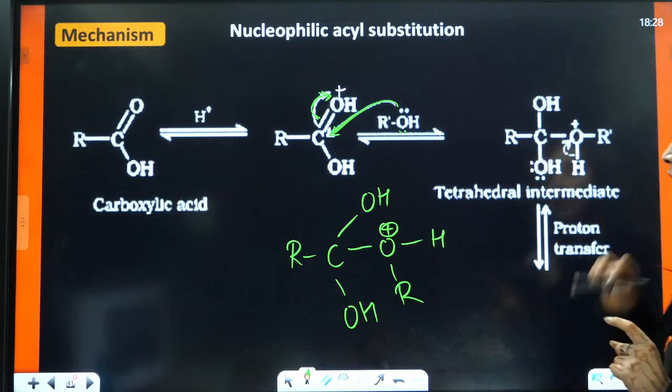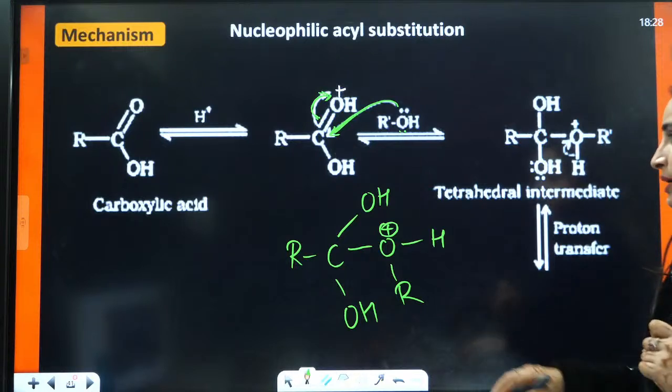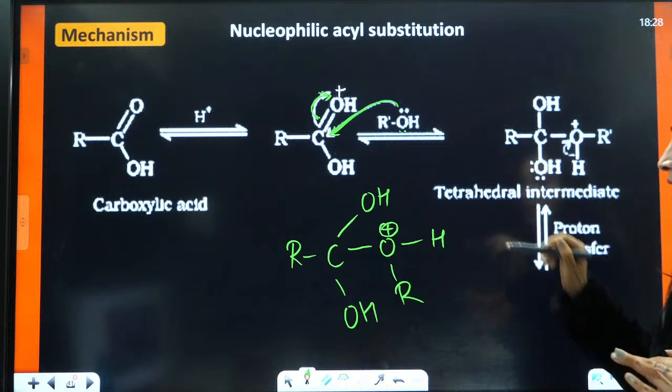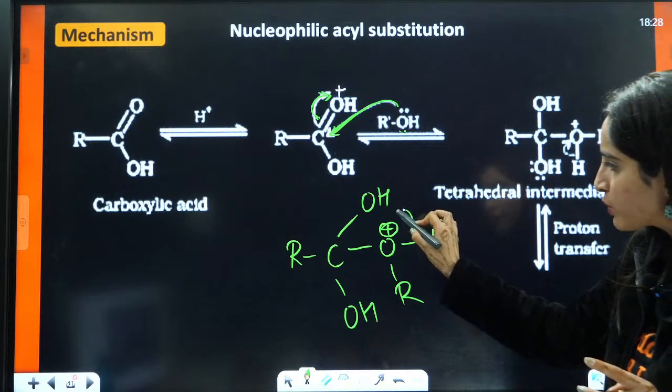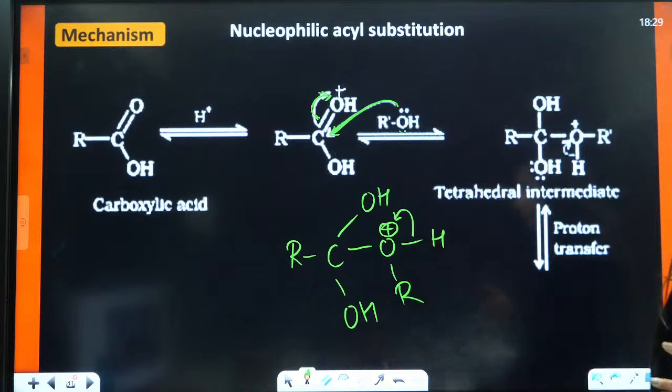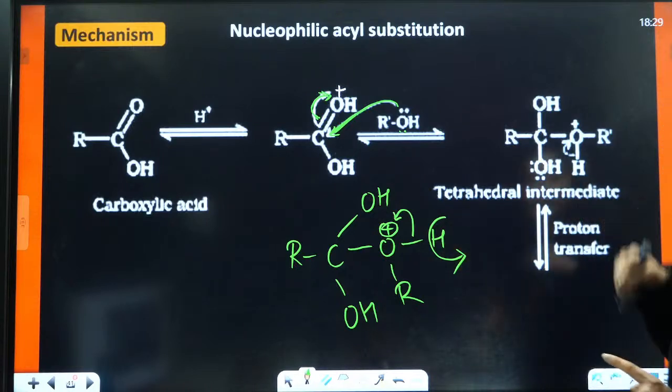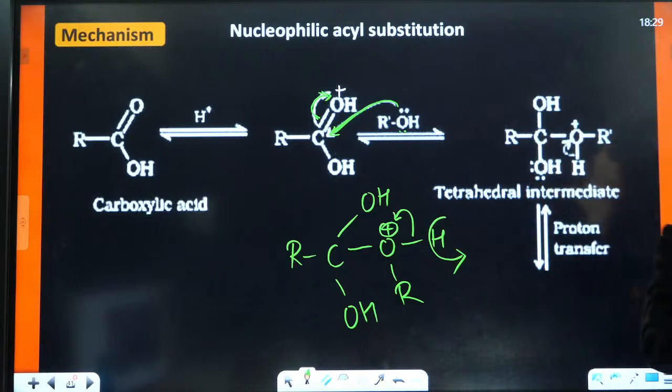Okay. Now let us see again what is going to happen. Oxygen is not able to handle the positive charge here, right? So it will try to take the electrons from this hydrogen, and the hydrogen will be eliminated from this side, and this will be transferred internally, right? How is the hydrogen transferred internally?